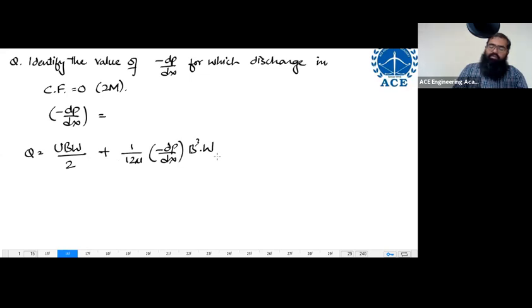So the value of 1 by 12 mu minus dp upon dx into b cube into w must be equal to minus UBW divided by 2.